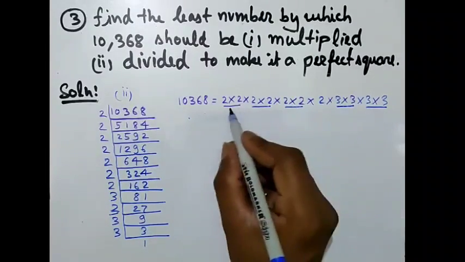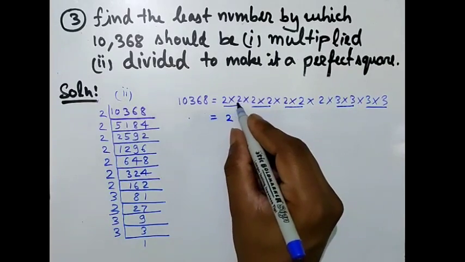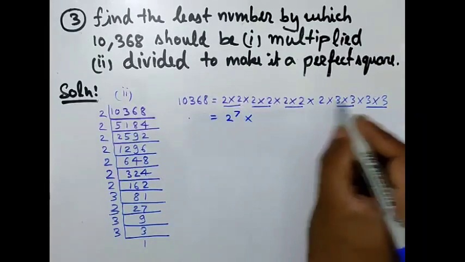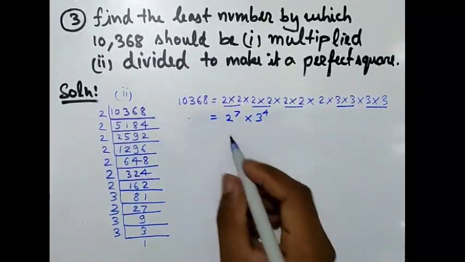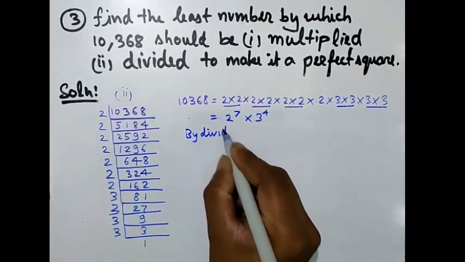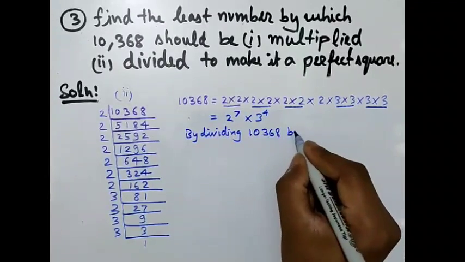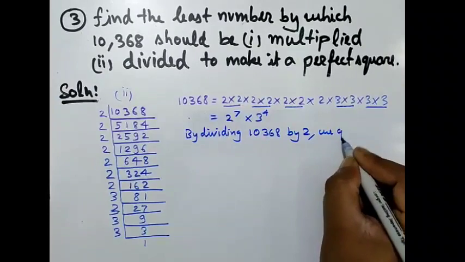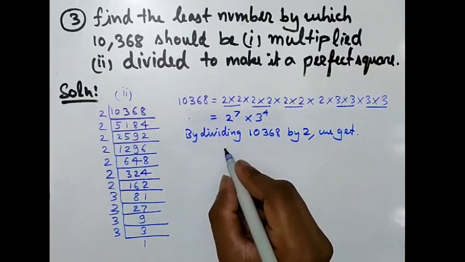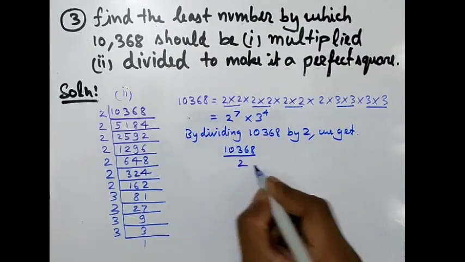So first let's represent this in the power form. Here how many 2's are there? 7, right? Multiplied by 3 to the power 4. Then let's divide 10,368 by 2.